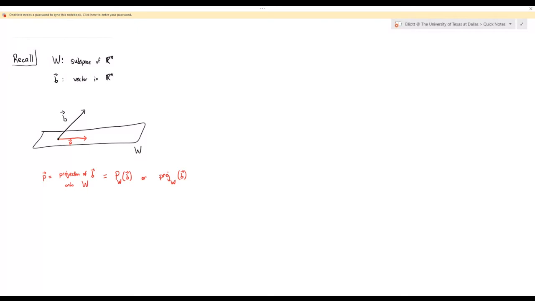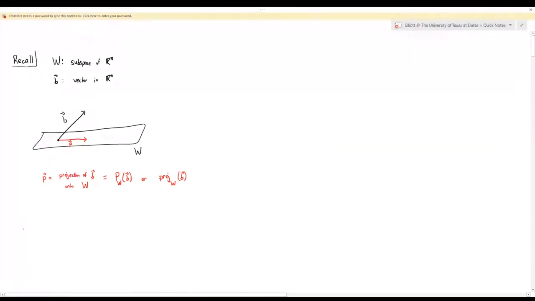And there were two important properties of this projection vector. So the first property that is worth noting is that amongst all of the vectors in W, this projection vector P is the vector that is closest to vector B among all the other vectors in W. Okay.